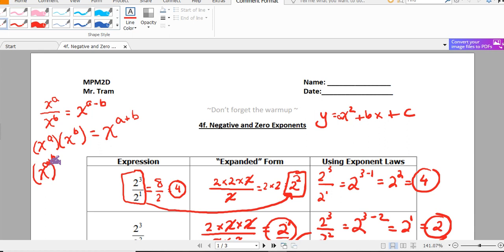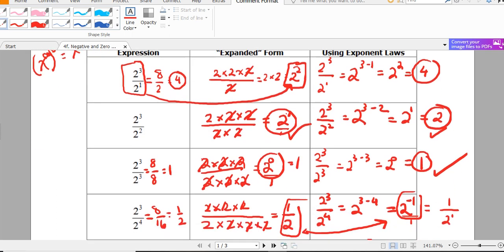Okay, so let's assume this is A. So what happens then? Well, the base, once again, stays the same, but you don't subtract them. You don't add them. Instead, you multiply them. Okay? Multiply them.